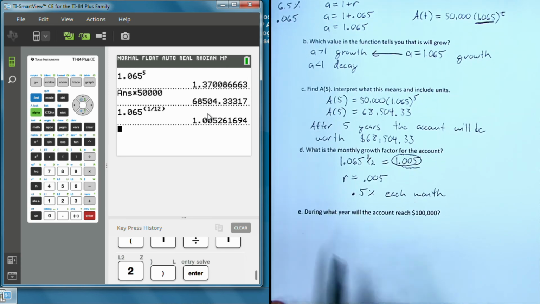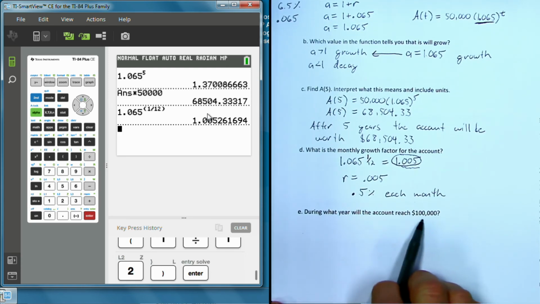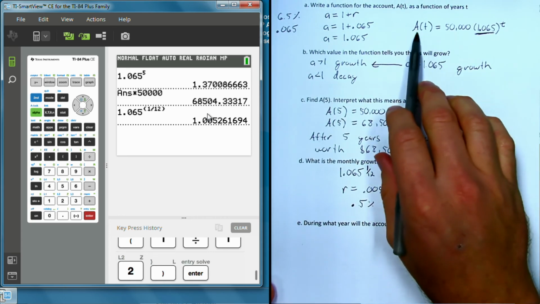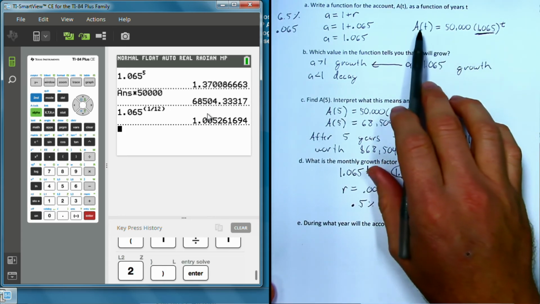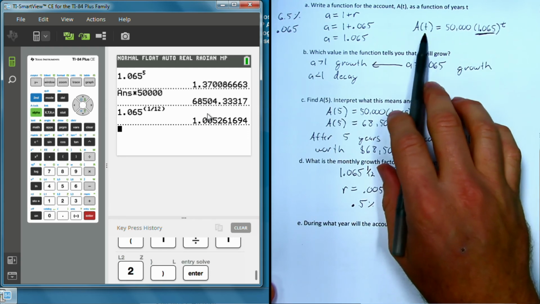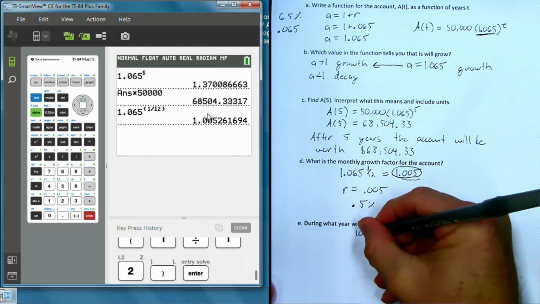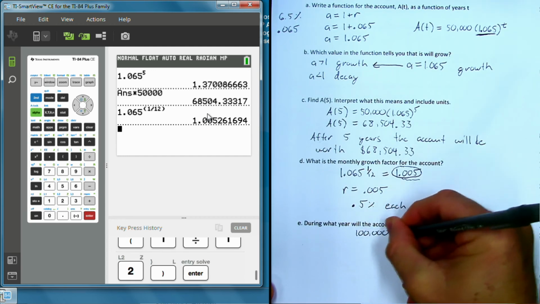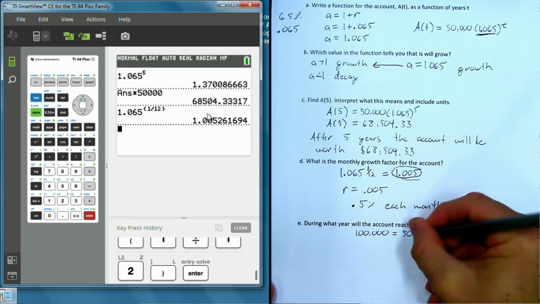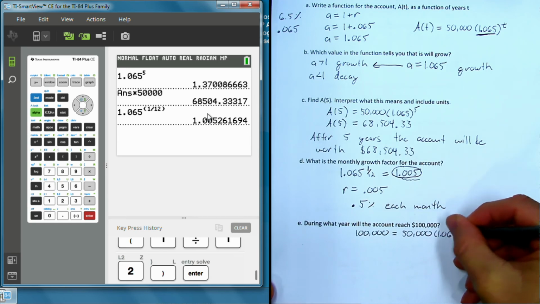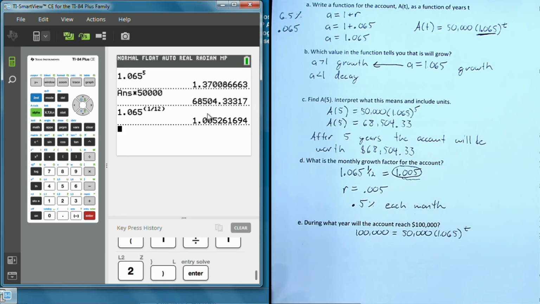All right, lastly, during what year will the account reach 100,000? So I'm going to use my function up here. What I want to know is when will A of t be 100,000? So we're trying to solve 100,000 equals 50,000 times 1.065 to the t.